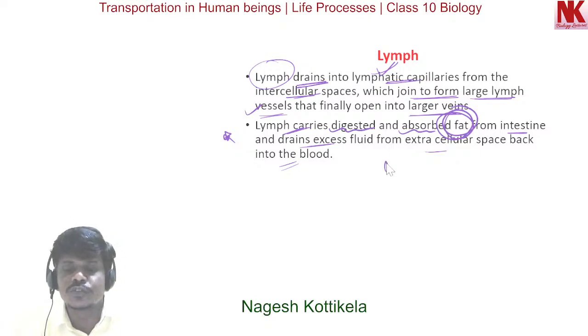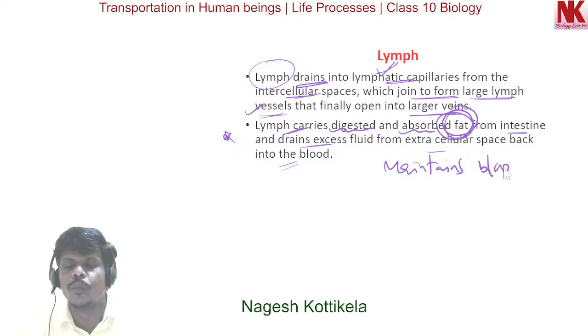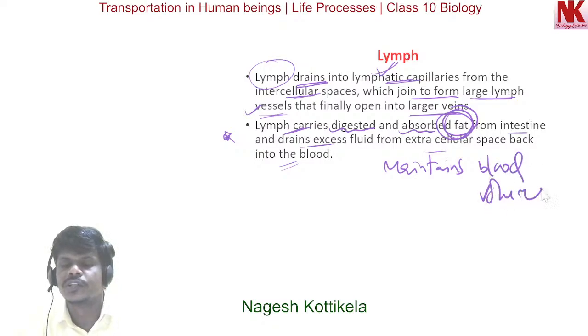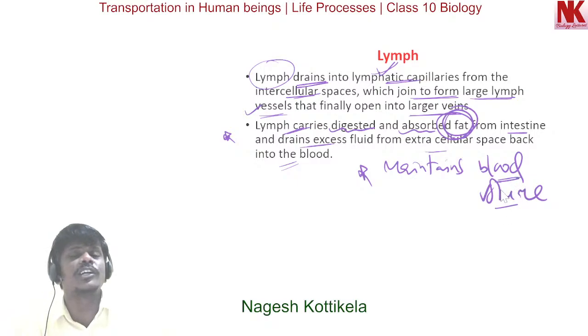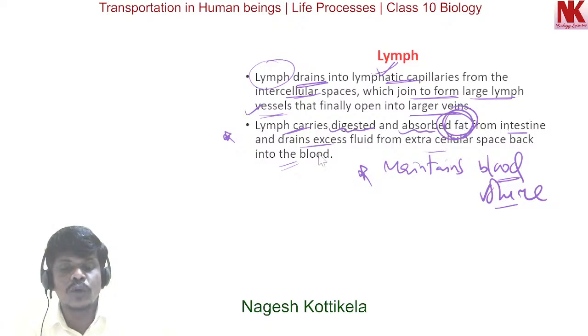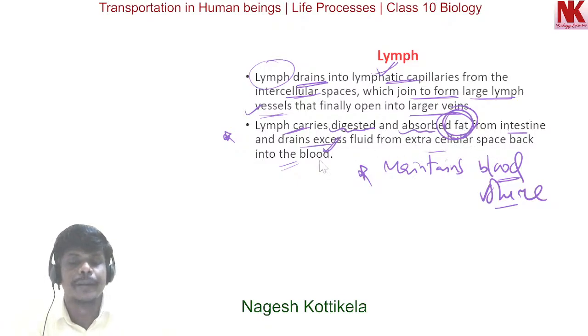So it has an important role in the maintenance of blood volume. This is how it maintains blood volume.